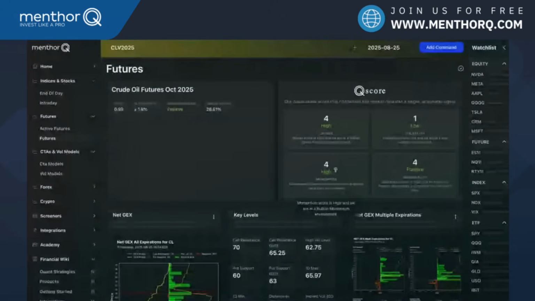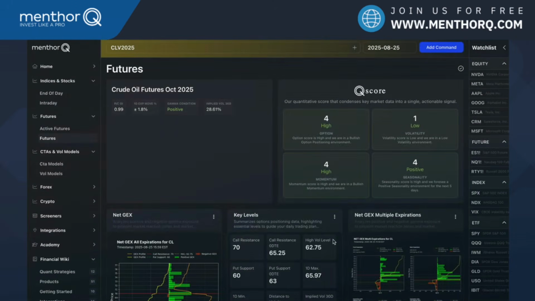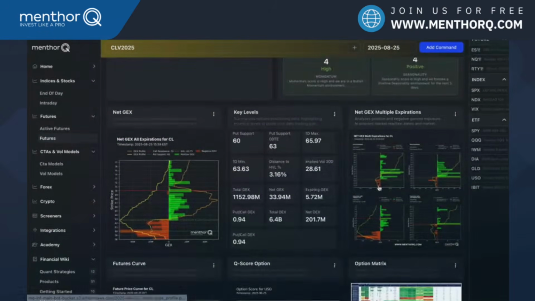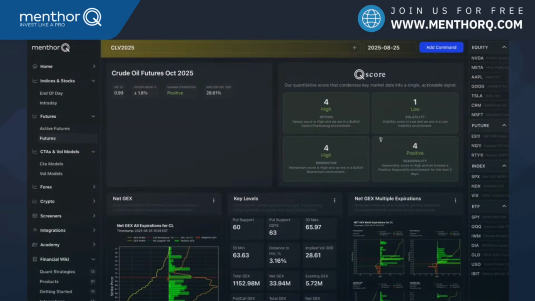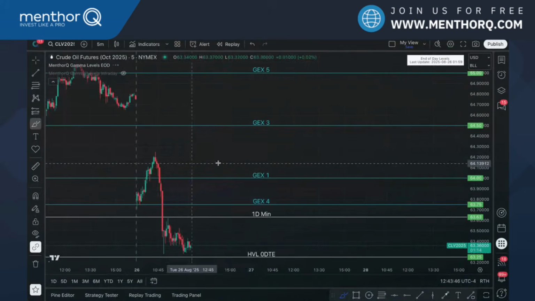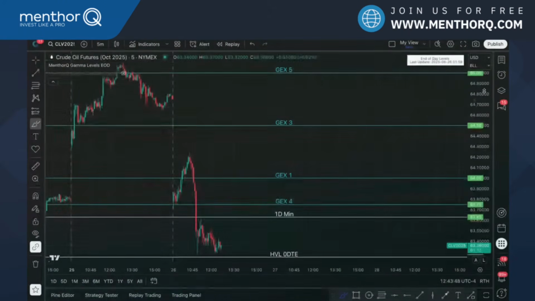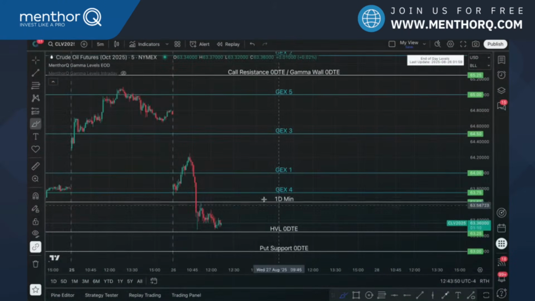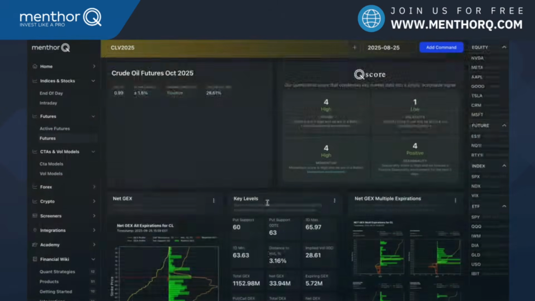Right. So from the option standpoint on this contract, and then we can also look at how we can view the ETF. You can see that we are in a bullish environment, both from the option side and momentum side, and also volatility is very low, and we have a strong seasonality. So right now, clearly the market is dropping and is at this high vol level here.